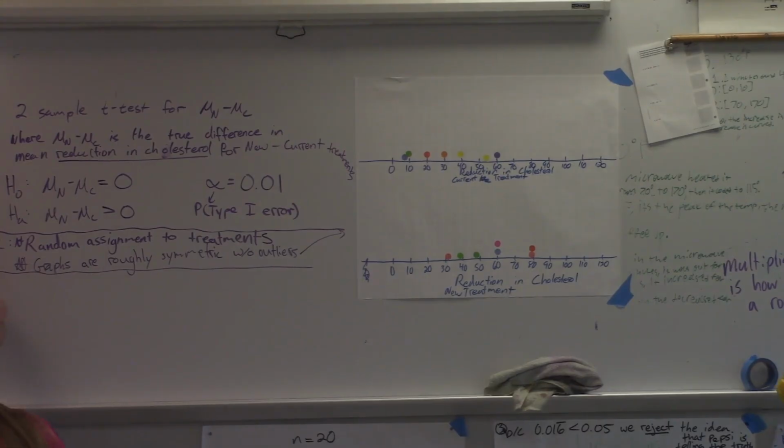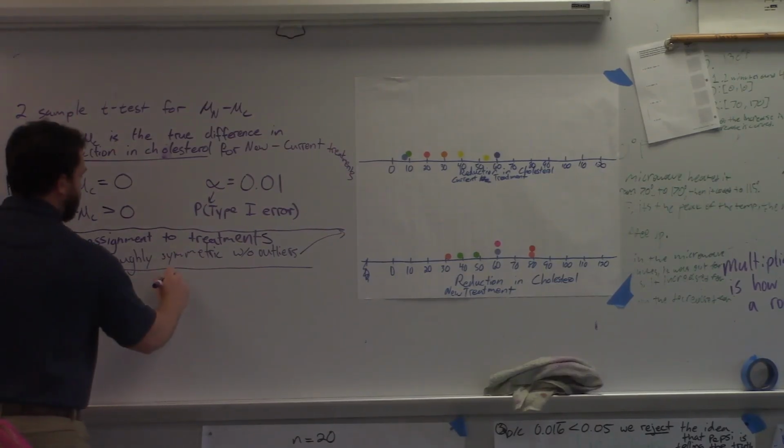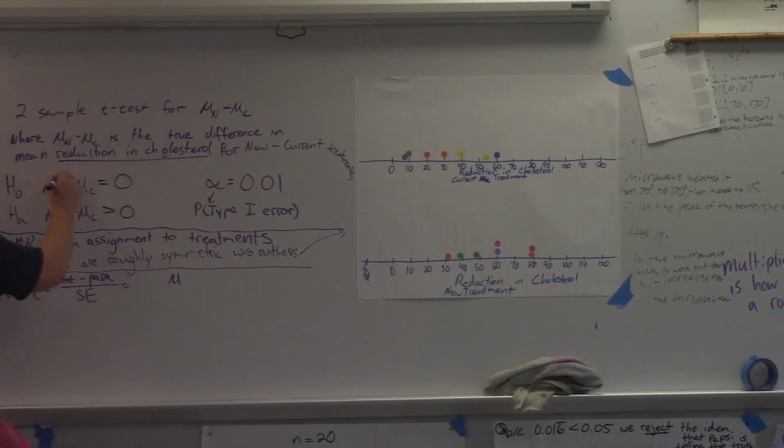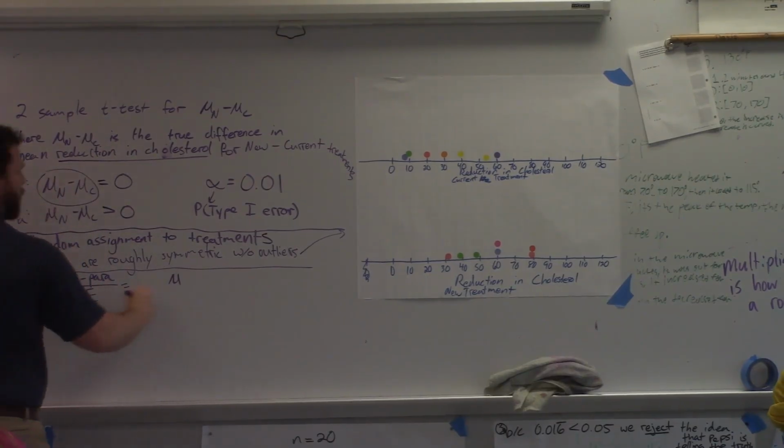Calculate. I need my general formula: t equals statistic minus parameter over standard error. The beautiful part about a hypothesis test is I already have my parameter up at the beginning. What is the parameter here? 0. What's the symbol, so I can do the specific formula?